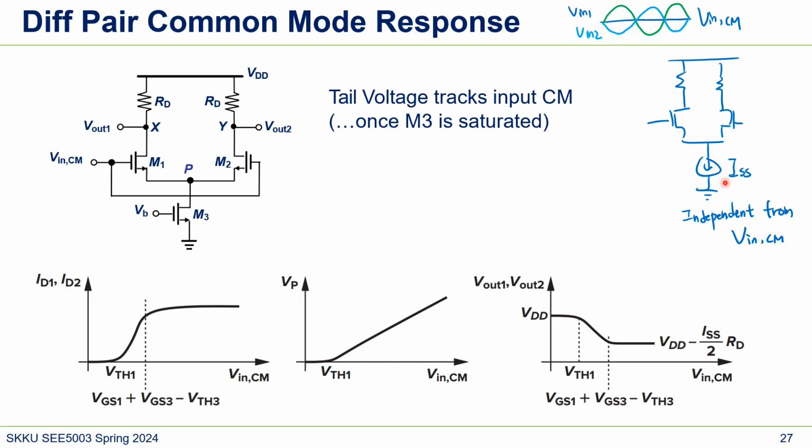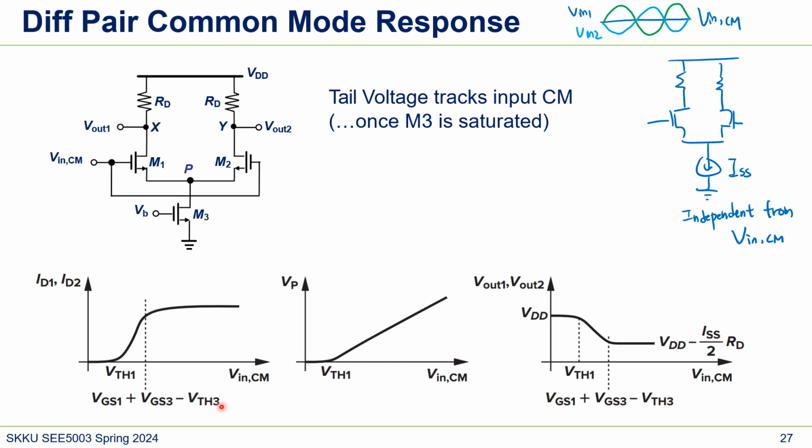The advantage of this circuit is that its properties are kind of independent from VinCM, but it doesn't mean that we can put VinCM at any value. We need to put VinCM in a certain proper range. That's what we're going to see in this slide.